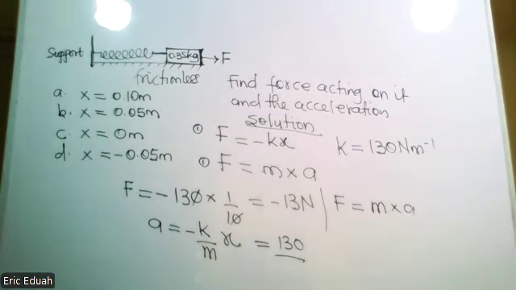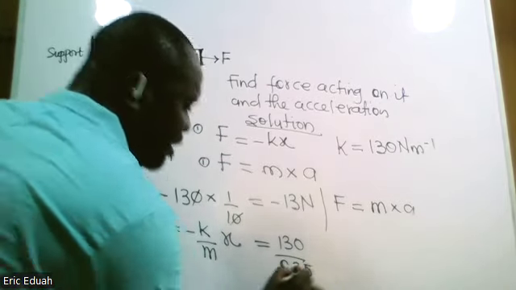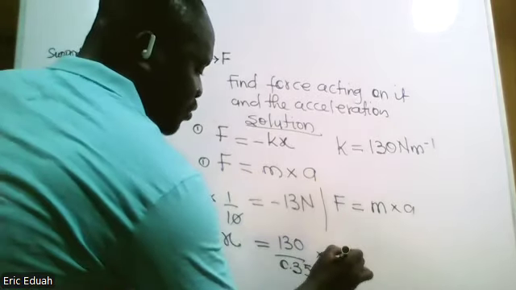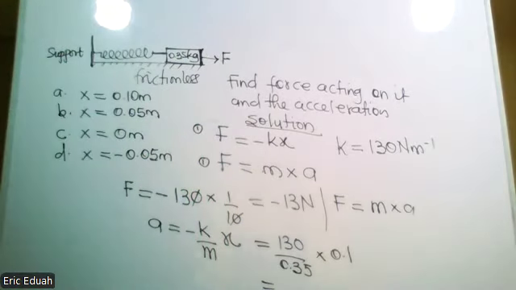What is M? Let's check what we were given for the mass. We are told a 0.35 kilogram mass. So the mass is 0.35 kilogram, times a displacement of 0.1.